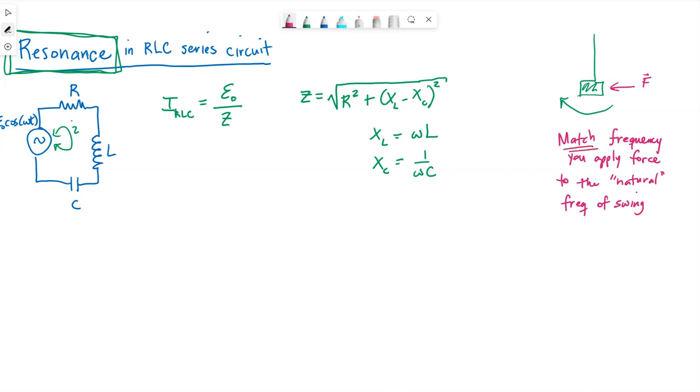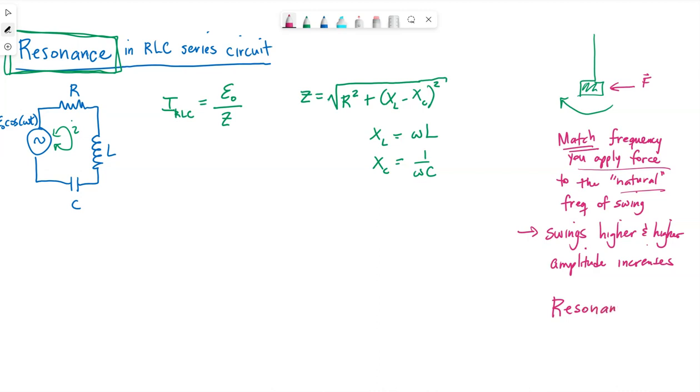If you match the frequency you apply your force to this natural frequency of the swing, the child swings higher and higher, meaning the amplitude of the motion increases. This example of forcing a system to oscillate at its natural frequency, where we get a larger amplitude, is called resonance.